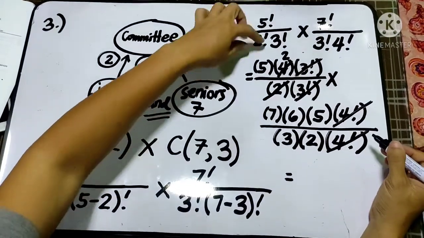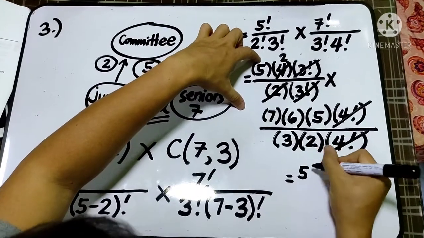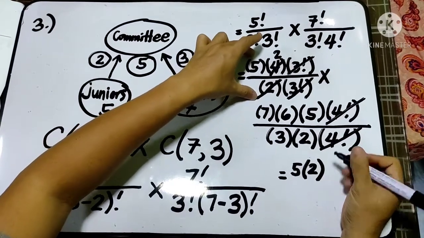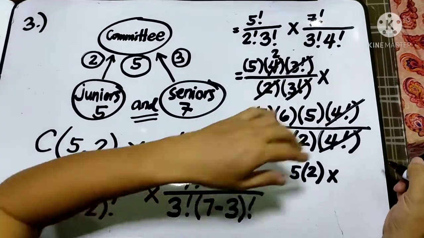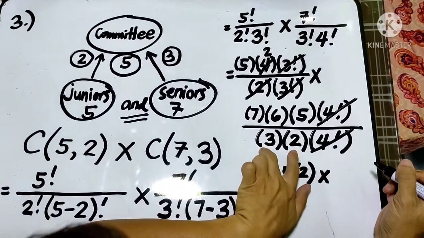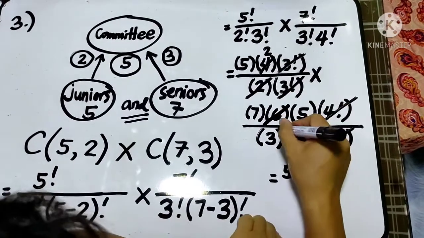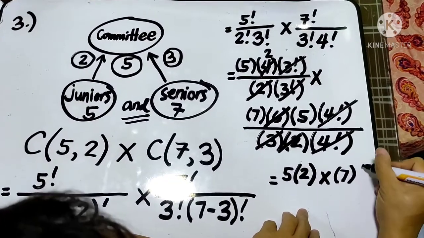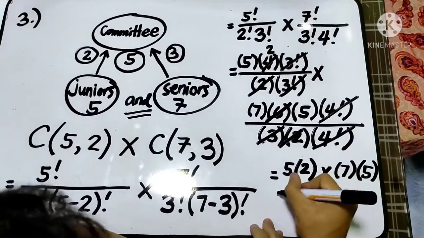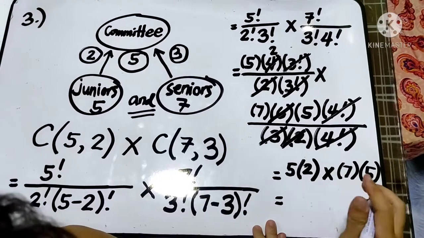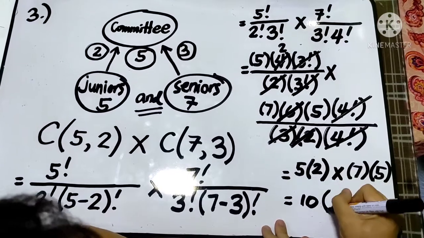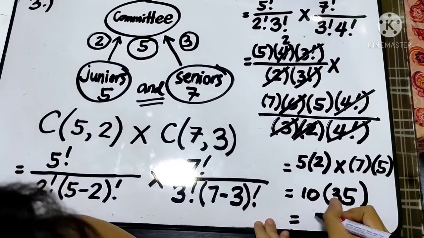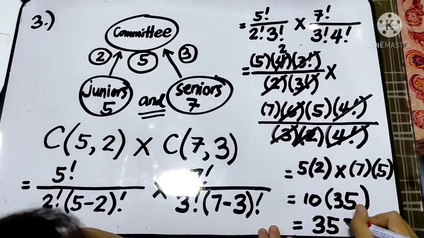Cancel yan. So, ang matitira, 5 times 2 para sa first fraction. Times, sa kabila naman, 3 times 2, 6. So, cancel ang 6. Cancel din ito. So, ang natitira, 7 times 5. So, you will have 5 times 2, 10, times 7 times 5, 35. That will give you 350.